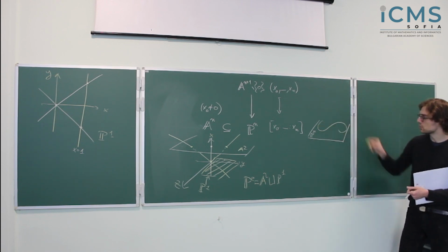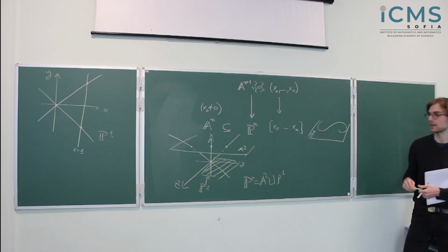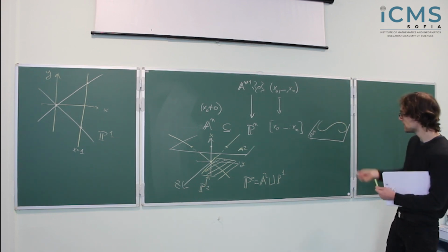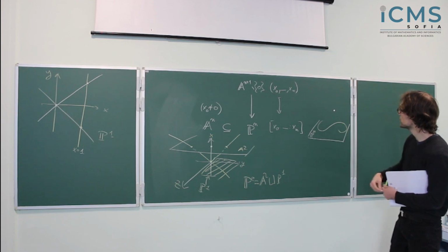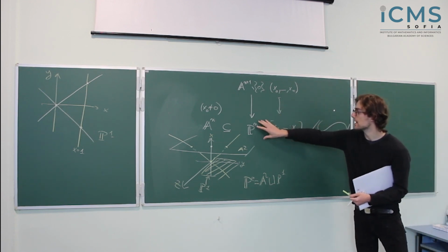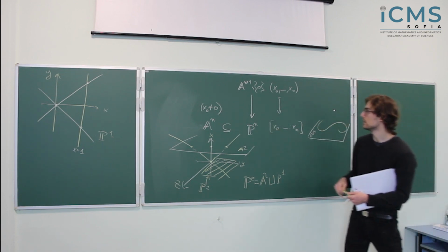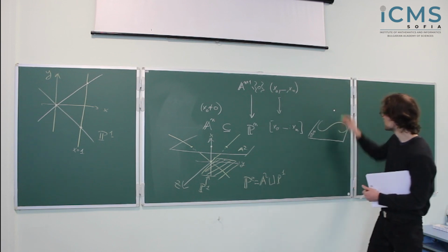So I just drew something like an affine chart for Pn. But it is embedded inside of an (n+1)-dimensional space. So let's consider Pn as something that comes from A^(n+1). So this is the origin.